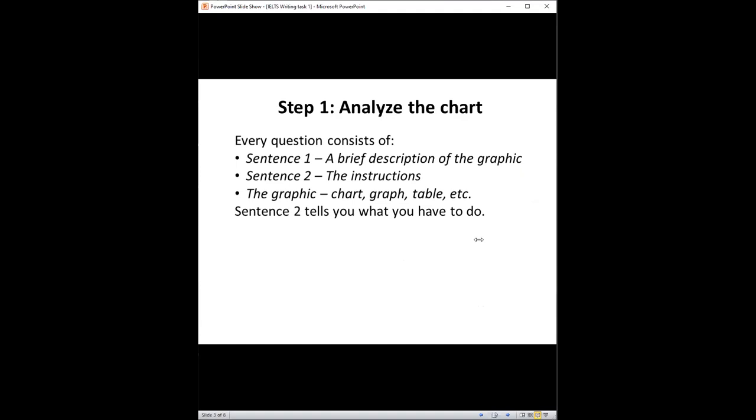Every question consists of sentence 1, a brief description of the graphics. Sentence 2 is the instructions, and the graphic includes charts, graphs, tables, etc. Sentence 2 tells you what you have to do.